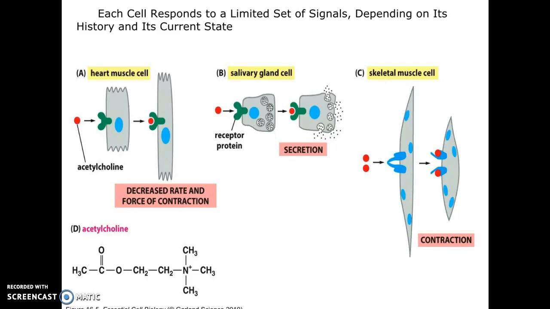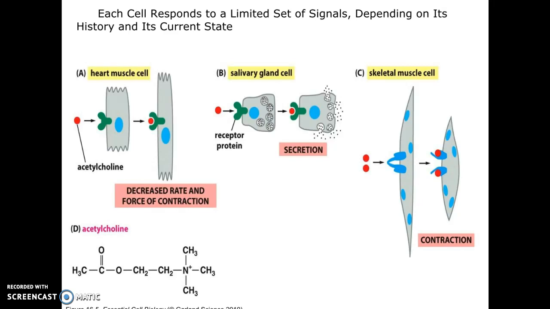So that's very different than when acetylcholine binds to the ionotropic receptor on smooth muscle or skeletal muscle. So in that case, acetylcholine is going to cause contraction of the muscle, and that's what you see at neuromuscular junctions.